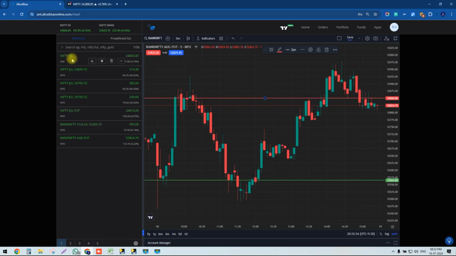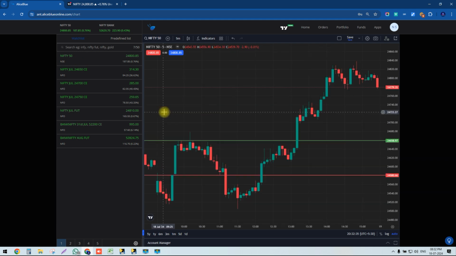Here is the Nifty 50 index. I have made a list to show you how our breakout strategy will work. We'll go for the index now. This is the market's Nifty 50 index NSE, and here our buy level was generated at 24,658.